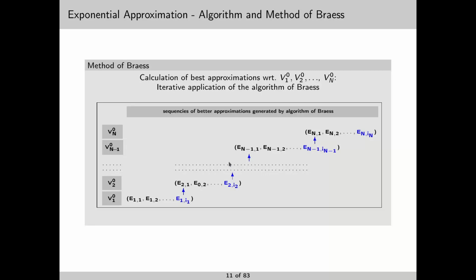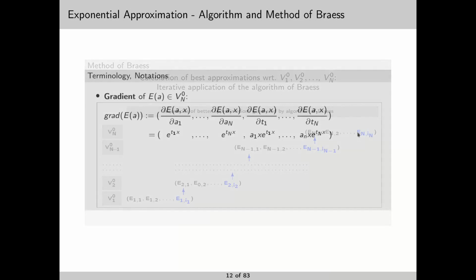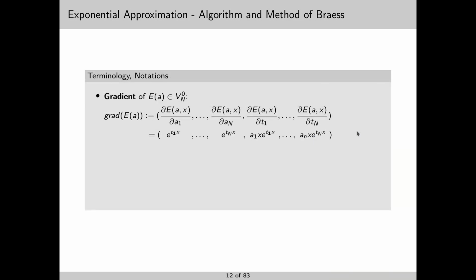Continue on following the scheme until we reach V_n^0. We will return to this process and elaborate on the starting functions after the presentation of the algorithm of Braess, which is next. For this purpose, we need the following terminology and notations.